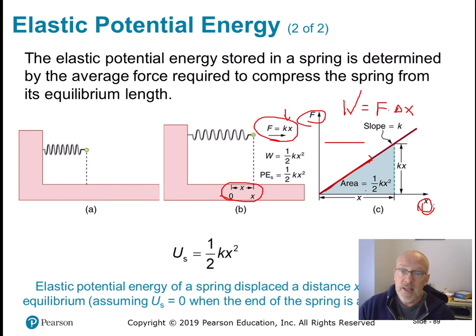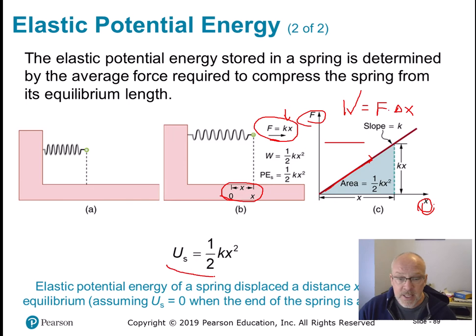And so that is linearly demonstrated, but with an increasing value. And so the area under the curve is just the area of a triangle. So it's 1/2 base times height, or in this case, 1/2 kx squared. And so that's the energy stored in a spring.